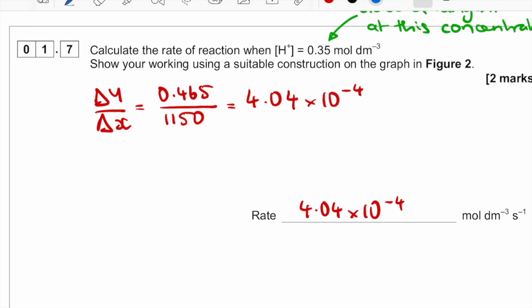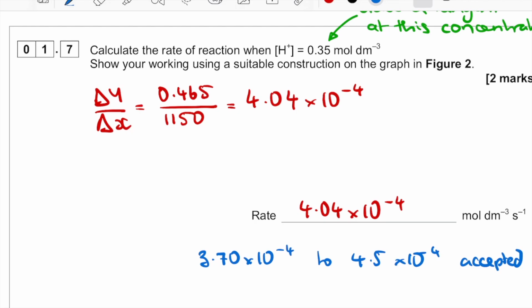In this particular question, the accepted range was 3.70 times 10 to the minus 4 to 4.5 times 10 to the minus 4. So I am clearly within that range. You obviously have to try your best to do the tangent as carefully as you can, but don't agonize that it literally has to be on the exact value that the examiners have decided it has to be.